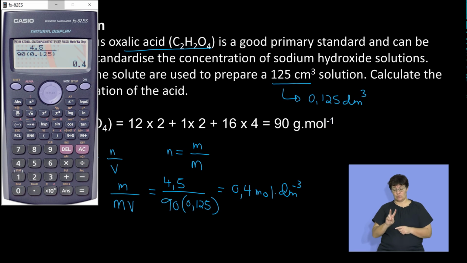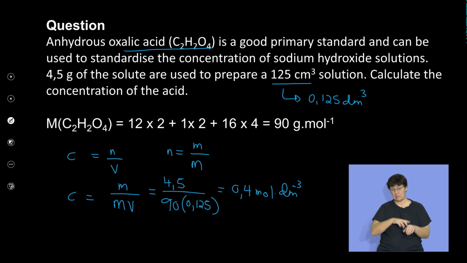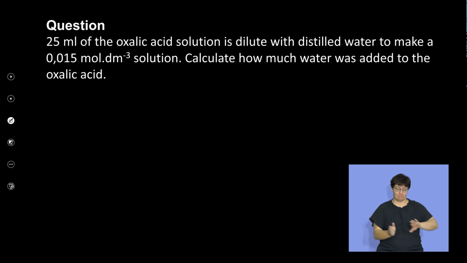Very, very important. Okay, and then the follow-up question says 25 mils, that's the volume of acid. So we know that the volume of acid that was used is equal to 25 cubic milliliters, 25 milliliters.